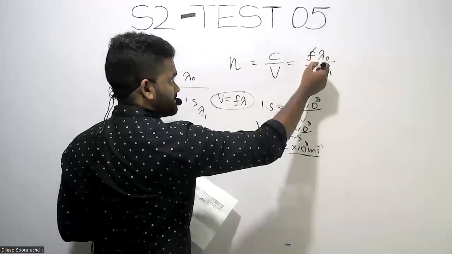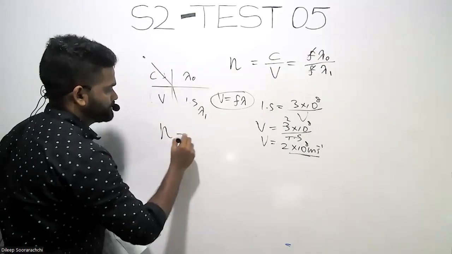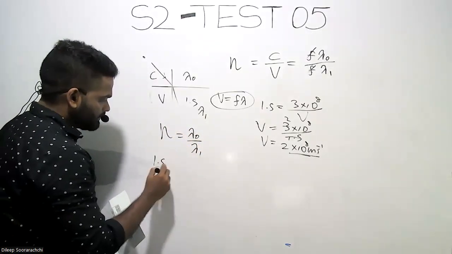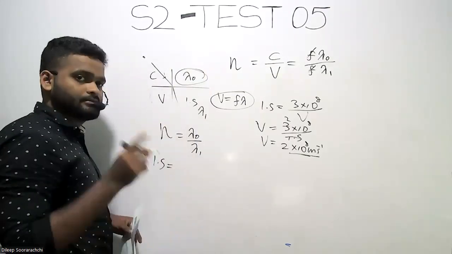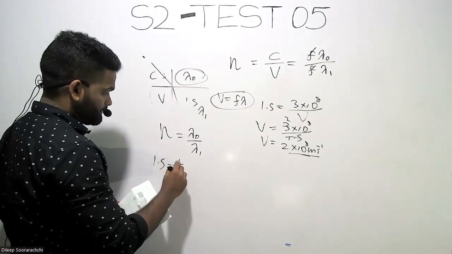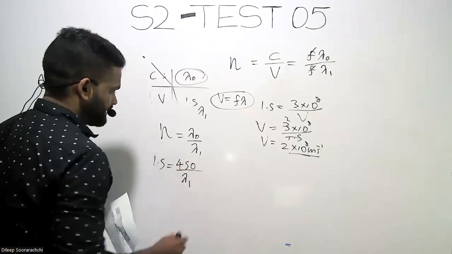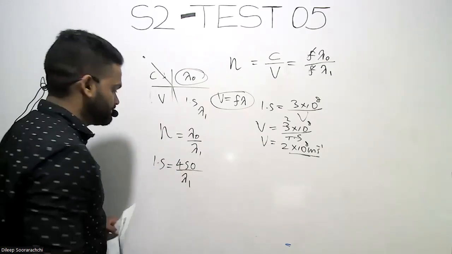This f cancels off because of the same frequency. Then I'll use this equation, lambda naught divided by lambda 1 equals 1.5. Lambda naught, the wavelength in the vacuum, is given as 450 nanometers. Keep it in nanometers, you will get the answer in nanometers as well.